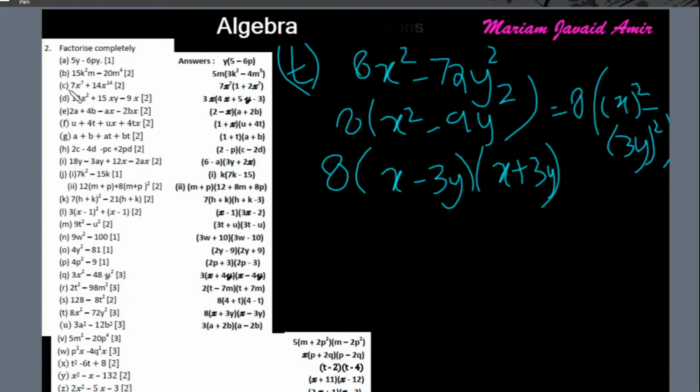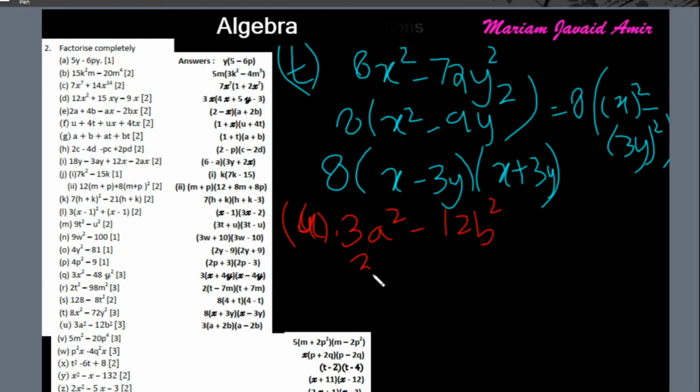Part U, which is 3a square minus 12b square.